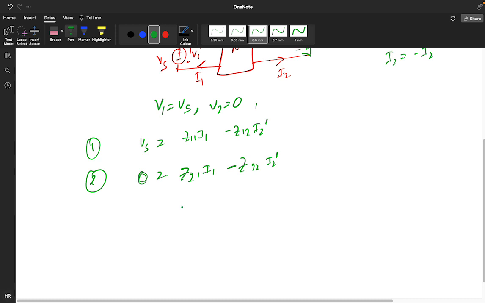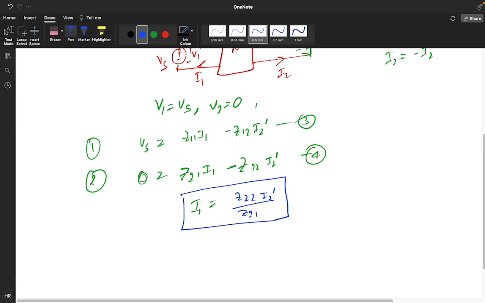So from this equation, we can find the value of I1. This is equation 4, this is equation 3. So I1 is Z22 I2 dash upon Z21. This is the value of I1.